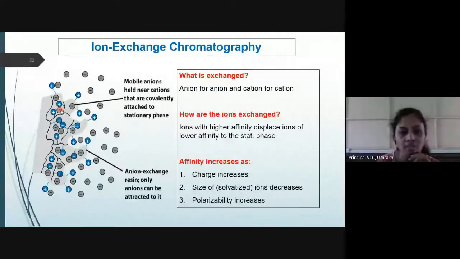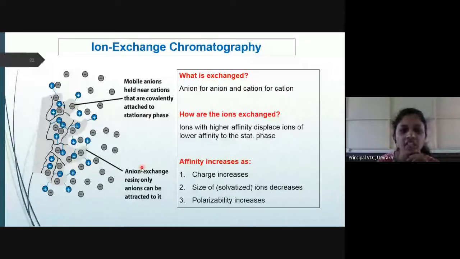Now, how will these bonded anions be released? There are different elution techniques used in ion exchange chromatography. Through those elution techniques, we can release these bonded anions. Here the mobile phase anions meet cations which are attached to the stationary phase.